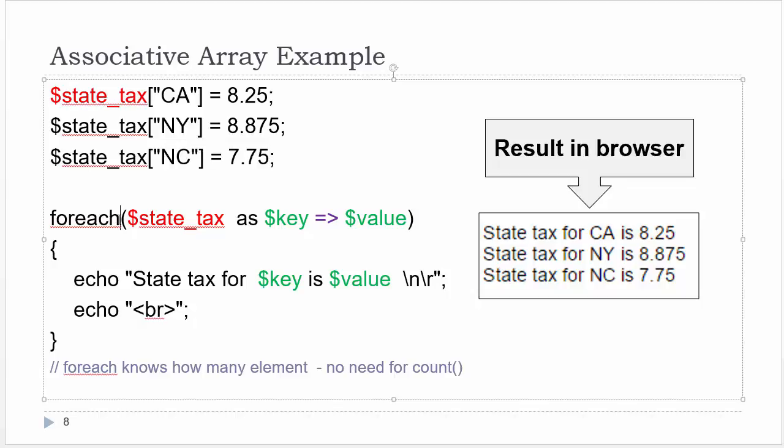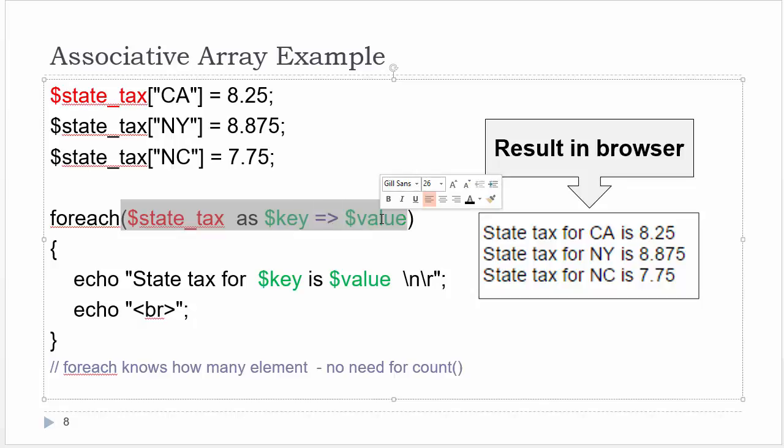So if I were to use the foreach loop, and the foreach loop is specifically set up to work with associative arrays, and it just natively knows how many elements are there, so we don't need to worry about using a count function here. So here we have the name of the array as $key is $value.